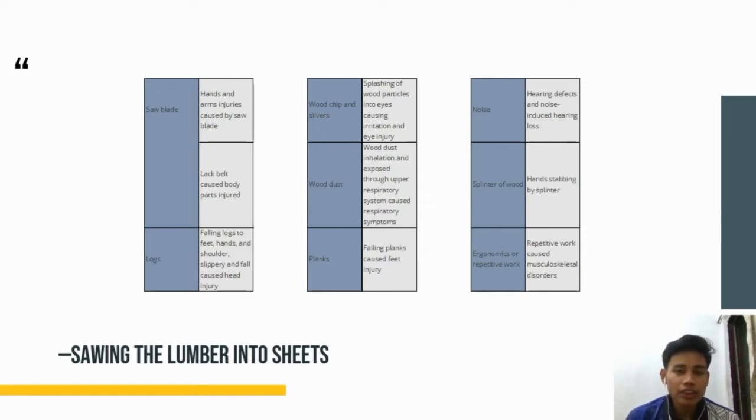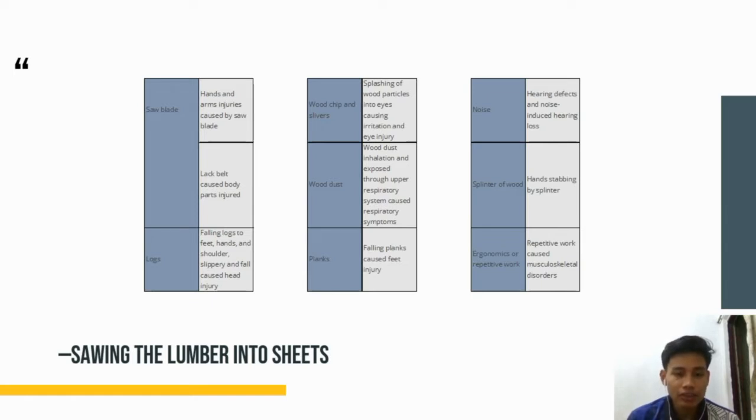The next hazard is from wood chips and slivers, where splashing of wood particles into the eyes will cause irritation and eye injury. The next hazard is wood dust, where inhalation and exposure to the upper respiratory system will cause respiratory symptoms.